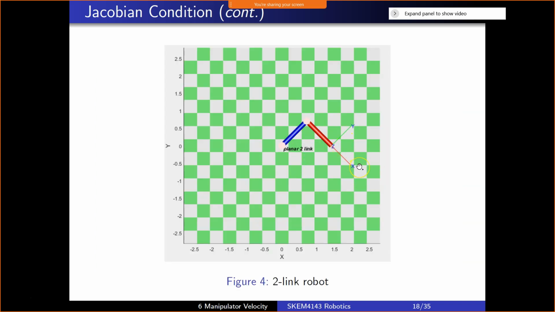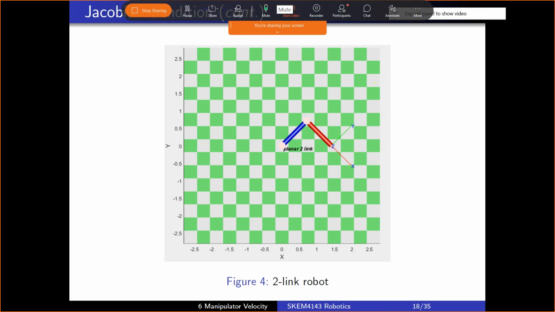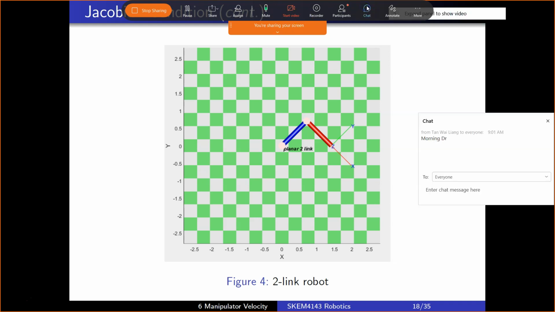How does the end effector move? Any idea?